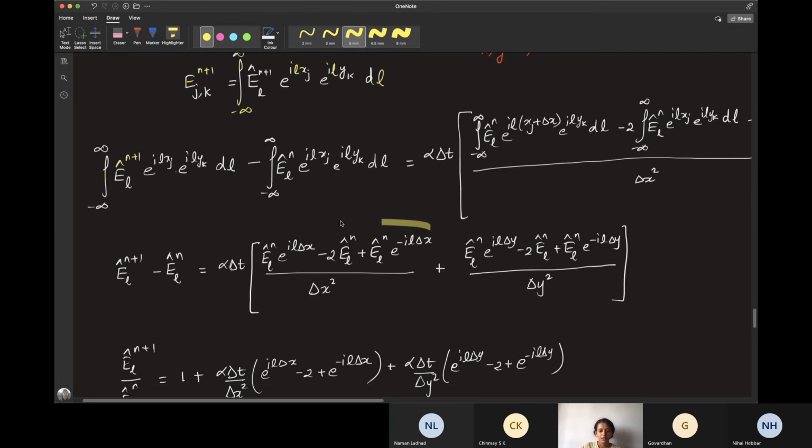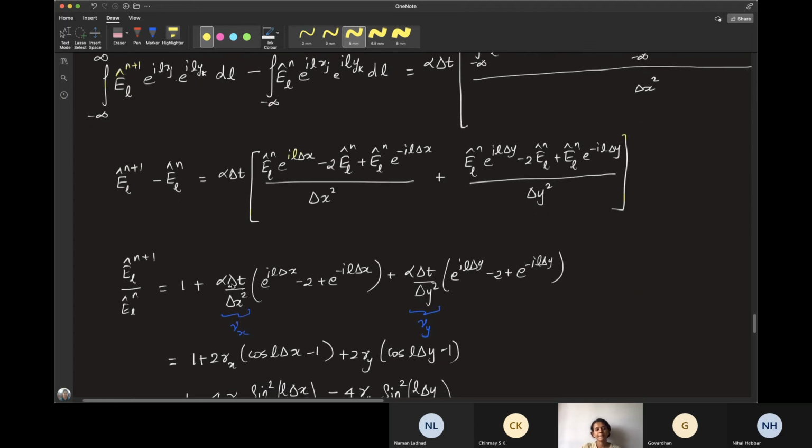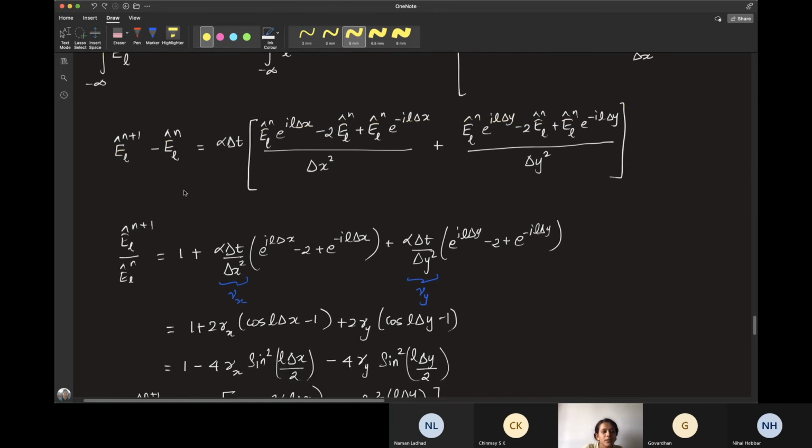Then using that equation, I have obtained this expression. Now I'm just dividing this expression by the error at nth time step. So I'm getting something like this.